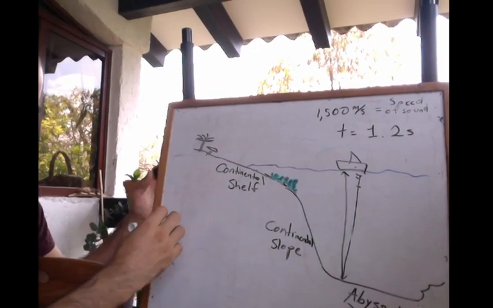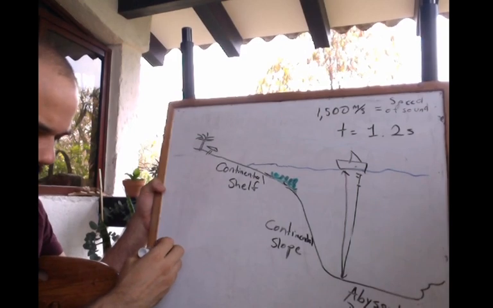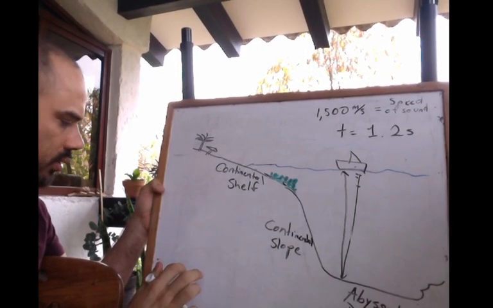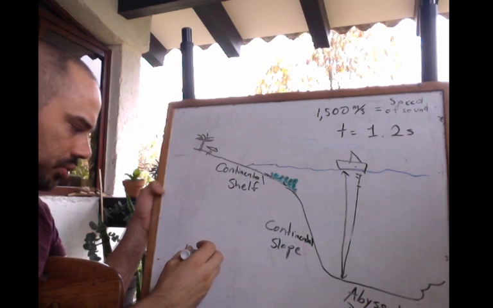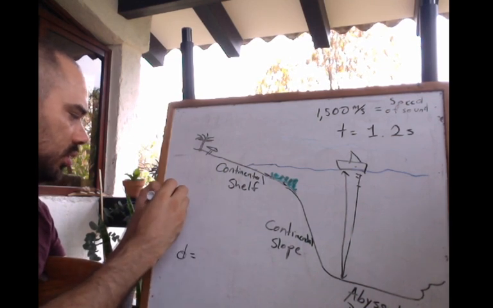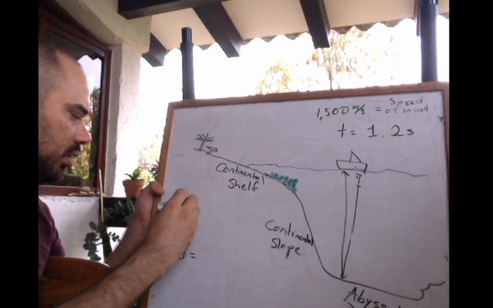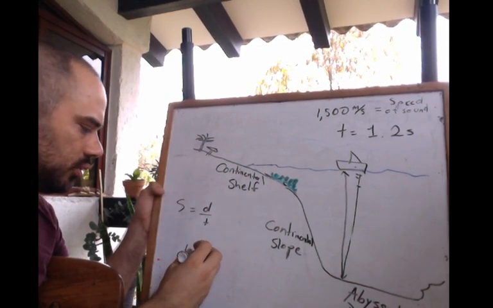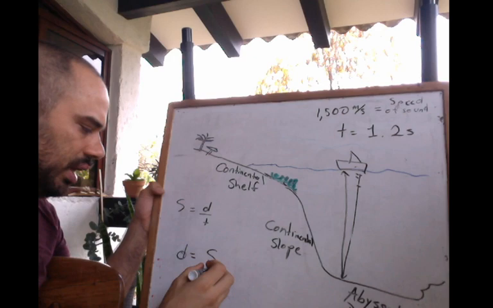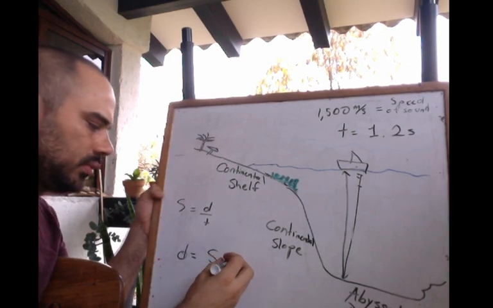So we need to make a formula showing us that speed is equal to distance over time. Then distance is going to be equal to speed times time. A little bit of algebra.